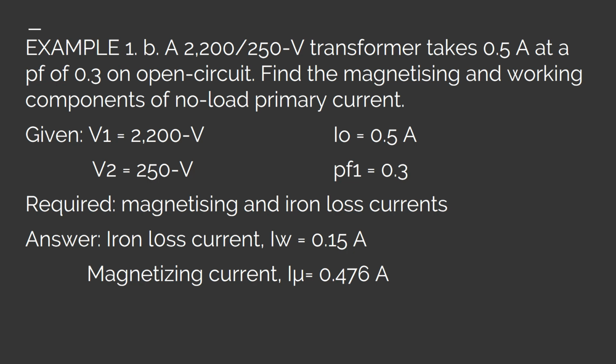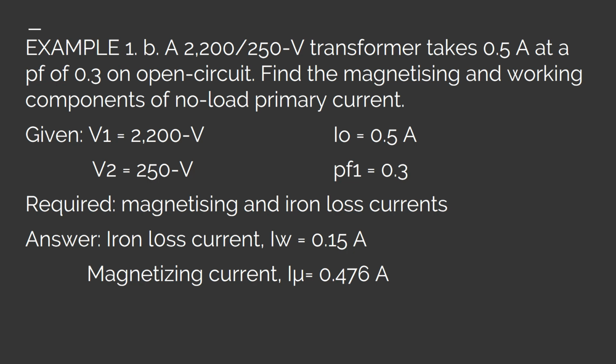For our problem 1B, a 2200 volts primary and 250 volts secondary transformer takes 0.5 ampere at a power factor of 0.3 on open circuit. Find the magnetizing and working components of no load primary current.